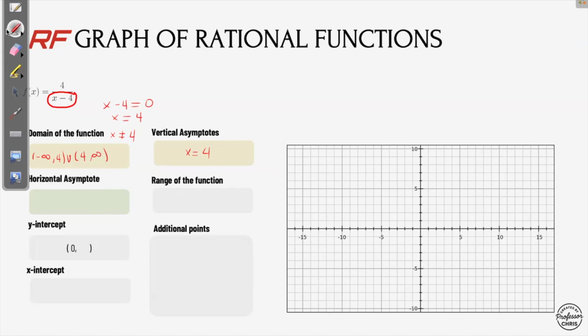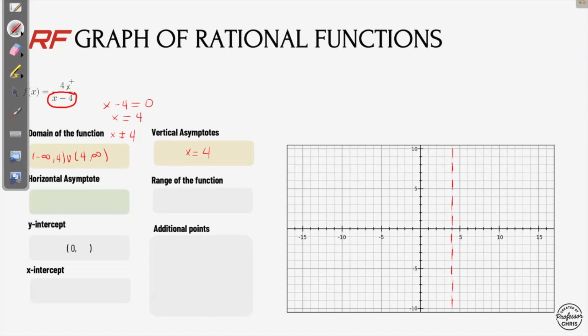The horizontal asymptote, as we previously saw, deals with the comparison between the numerator and the denominator. So I'm going to sketch the vertical asymptote here at positive 4, x equals 4. And now we're going to be finding the horizontal asymptote. The horizontal asymptote needs to compare the degree of the numerator.